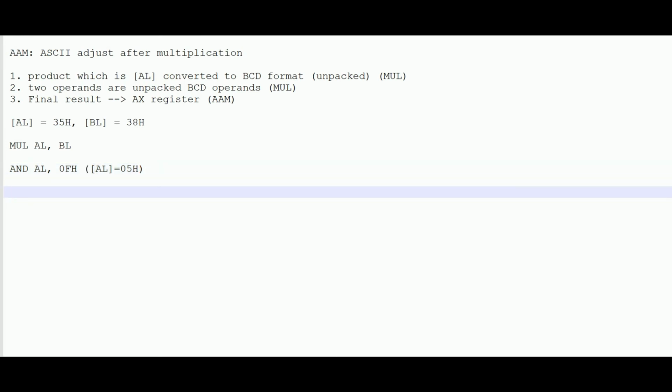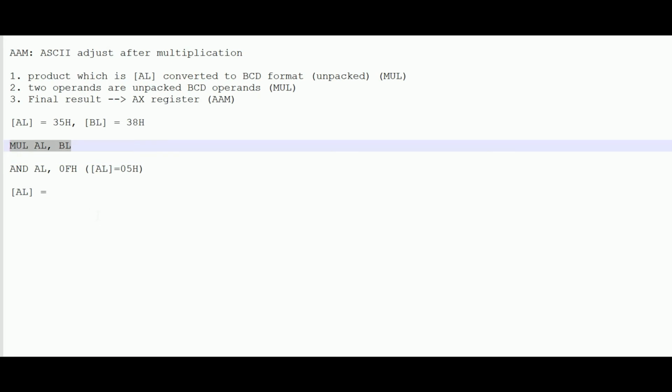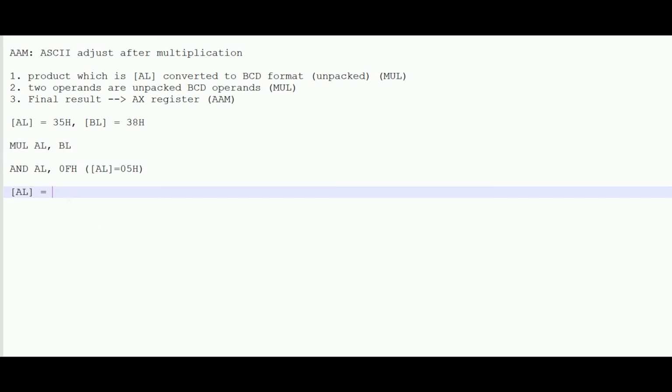Fine. So when we multiply 5 with 8, the end result which is stored in AL should be 5 into 8, that is 40, but this 40 is in decimal format. So please note the end result, 40, is in decimal, so it has to get converted to hexadecimal, because what we are using right now is the MUL instruction. MUL will give you the end result in hexadecimal format, which is 28H. Now 28H, as you can convert, is 40D.